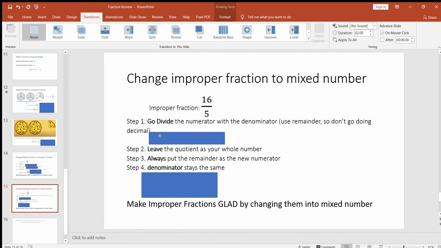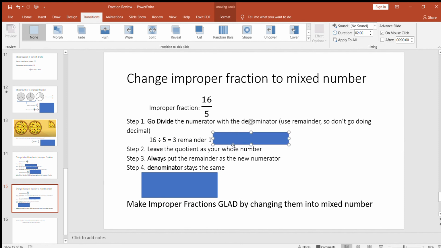First step is we divide the numerator by the denominator. So we do 16 divided by 5. Note that we're going to use remainders, so don't use decimals. It's very important, okay? So 16 divided by 5 should give you 3 with a remainder of 1.